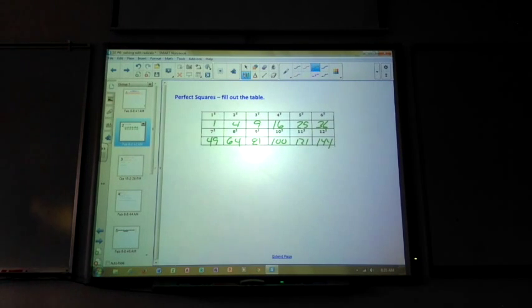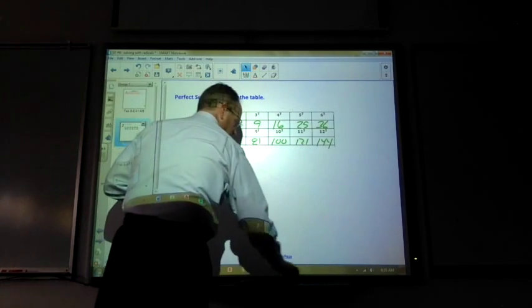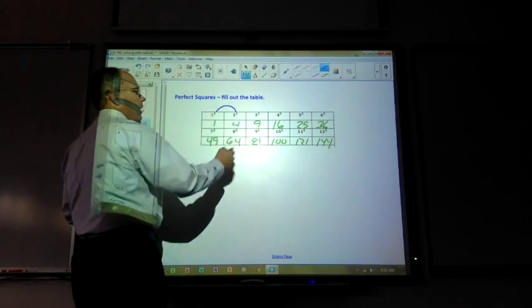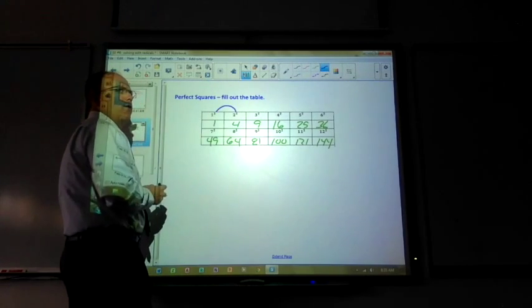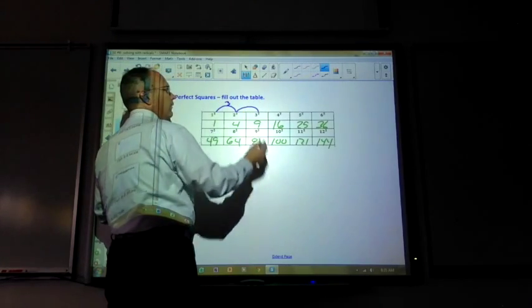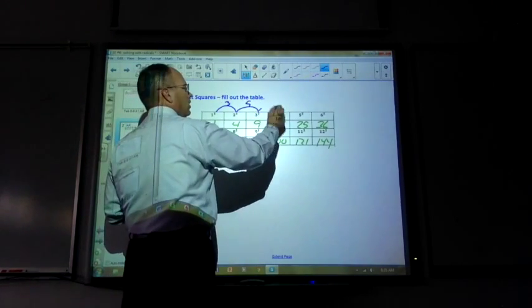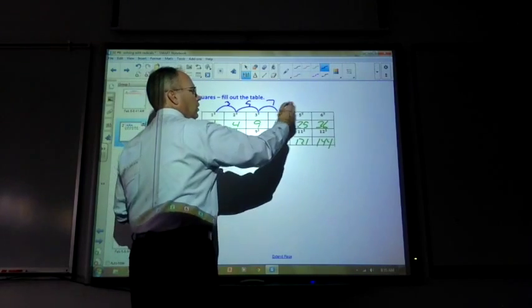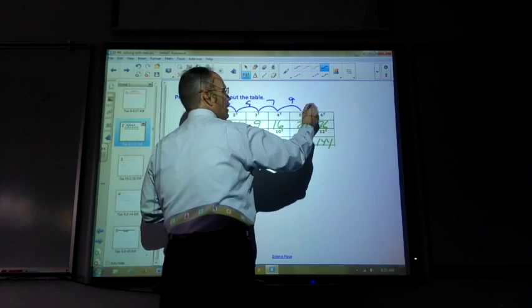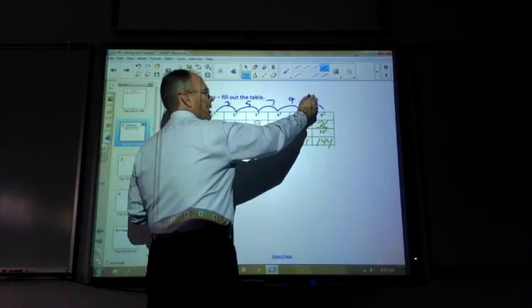Do you guys ever realize that there's a pattern of perfect squares? Anyone ever point this out to you? This has nothing to do with the lesson. But how far is it from 1 to 4? 3. How far from 4 to 9? 5. From 9 to 16? 7. From 16 to 25? 9. From 25 to 36? 11.